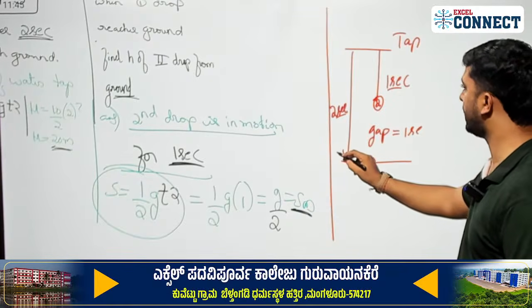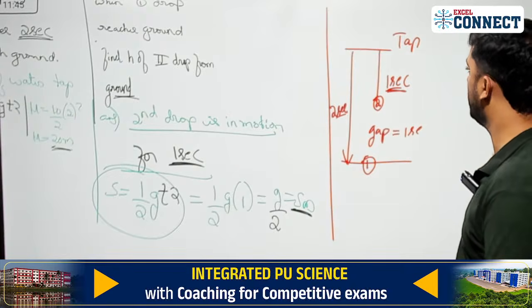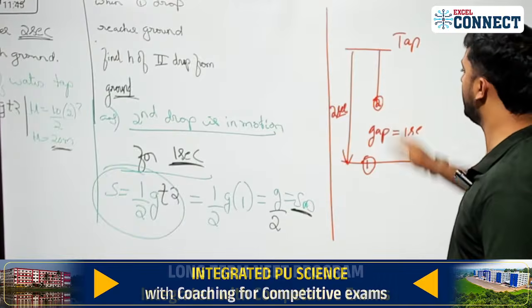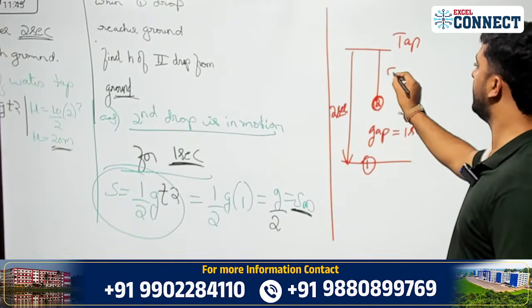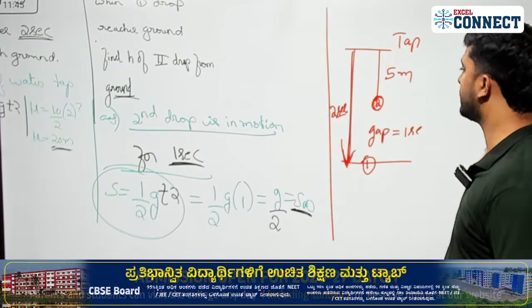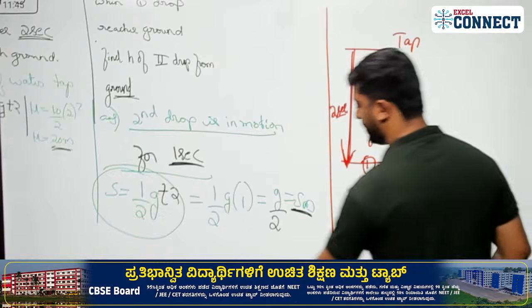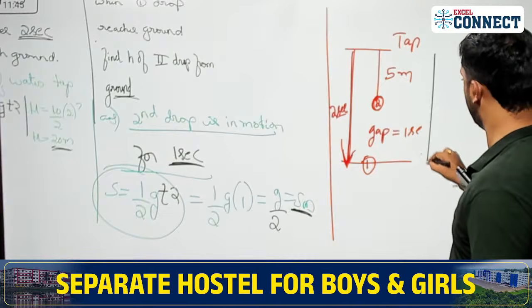So total time is 2 seconds minus the gap. It gives the time of the second drop. Here I have calculated the distance traveled by the second drop, which is 5 meter. The distance traveled by the first drop is 20 meter, right?